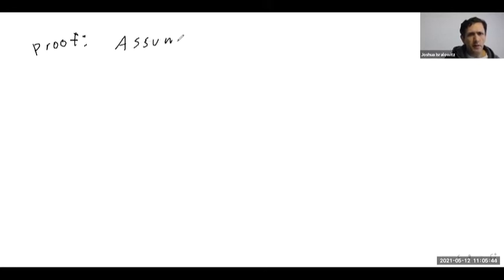Let's write stuff down. So assume this is infinite. I mean, if it's not infinite, we're done. There's nothing to prove. We're saying it's either finite or countably infinite, where the limit goes to 0. So let's assume it's infinite. Okay.